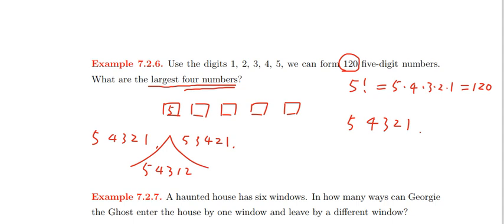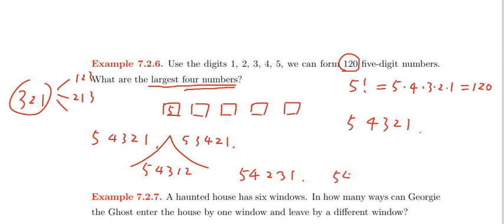Just check the last 3 digits: 3, 2, 1, then 3, 1, 2. With the last three digits 1, 2, 3, we have 6 of them: 1, 2, 3; 2, 1, 3; 2, 3, 1.